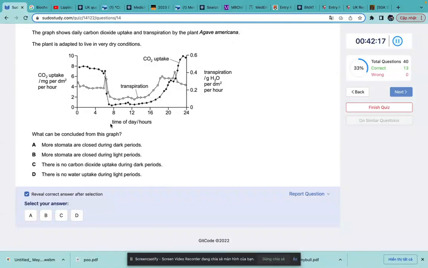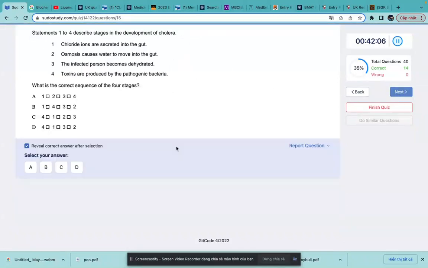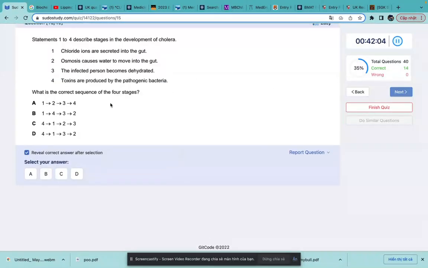Let's read the map. Most stomata are closed during light periods. You could see here. Okay, stages. For all the statements, I want to find the place where the statement is going to appear last.